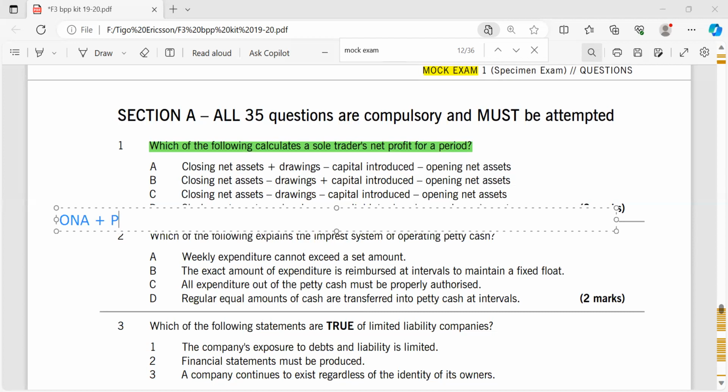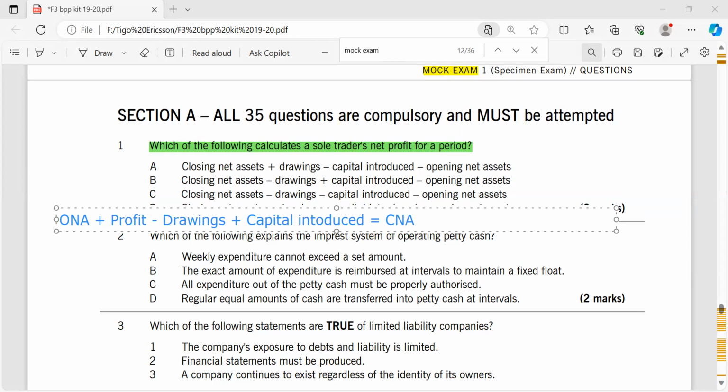So you add the profit earned during the period, less drawings, since maybe you have drawn some money for own use, and you can also add capital introduced during the period. Then at the end of the period you remain with closing net assets.